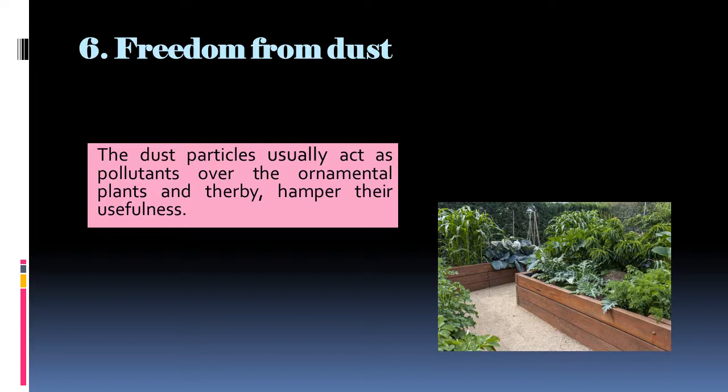So such deposition of these materials over leaves and other parts of the plants hampers transpiration, photosynthesis and respiration of the plants, and thus seriously hampers their growth. So the particles also act as pollutants over the ornamental plants and thereby hamper their usefulness. Such a site could not therefore be regarded as suitable for setting up the garden.